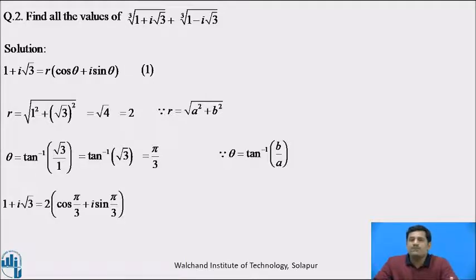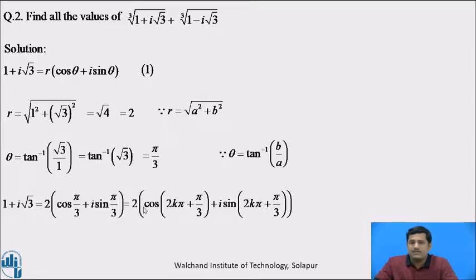Now again, as we want to find the cube root of this complex number, we will write the general polar form by introducing the 2k pi angle for this pi by 3. That is, we get 2 into the bracket cos of 2k pi plus pi by 3 plus I sin of 2k pi plus pi by 3. The value of k depends upon which kind of root we are going to find.